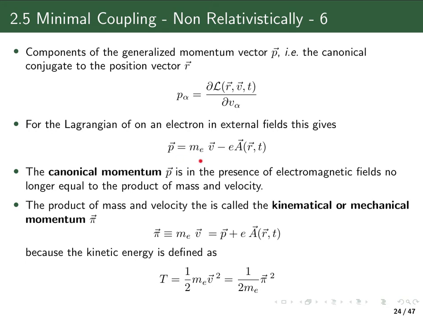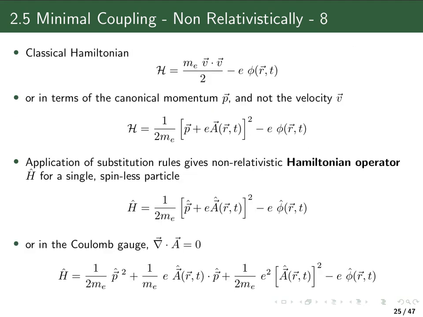We can get the velocity from here just by isolating it from this equation. And if we insert this, then we get this expression here. So we get the classical Hamilton function as the mass times the velocity squared divided by 2, that's the kinetic energy, minus e times the scalar potential.